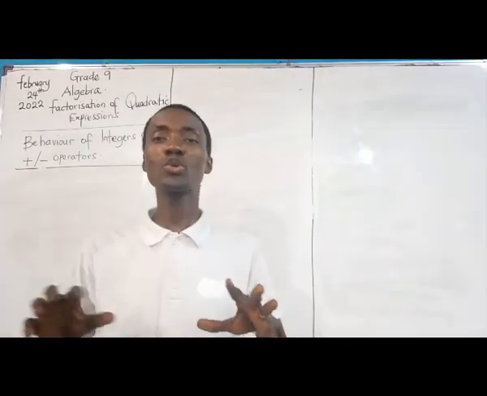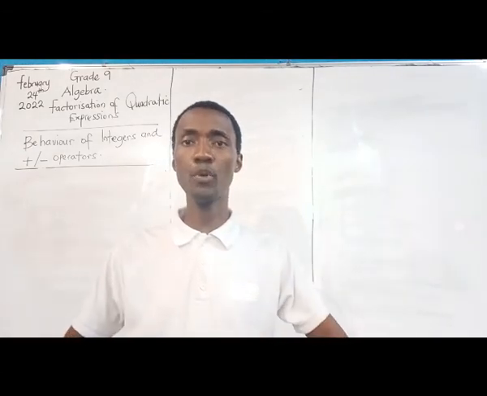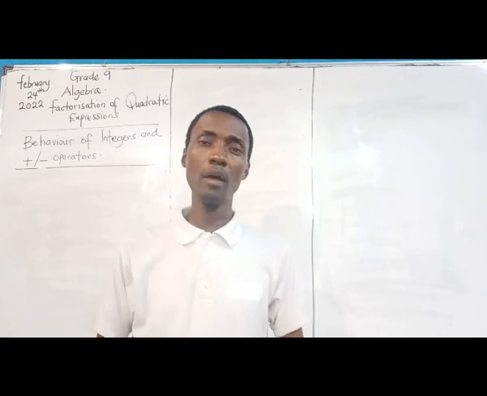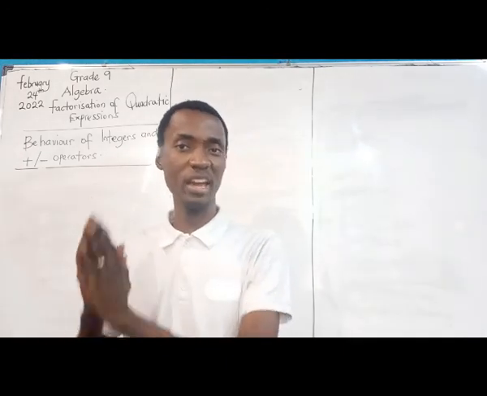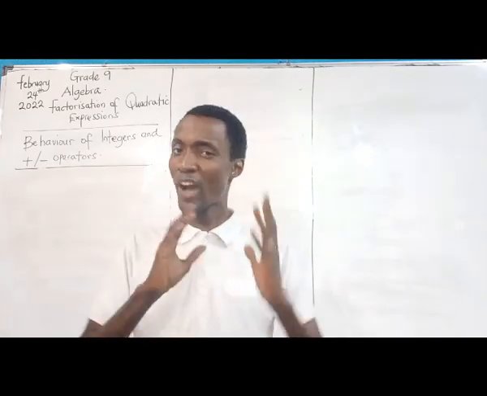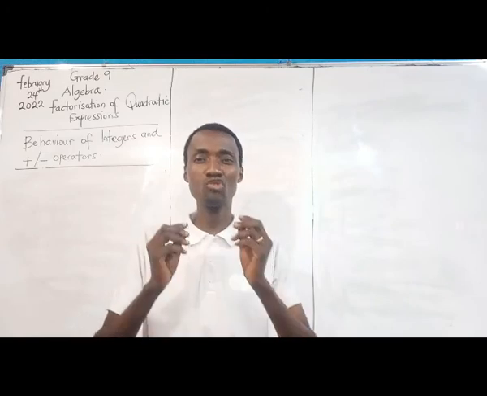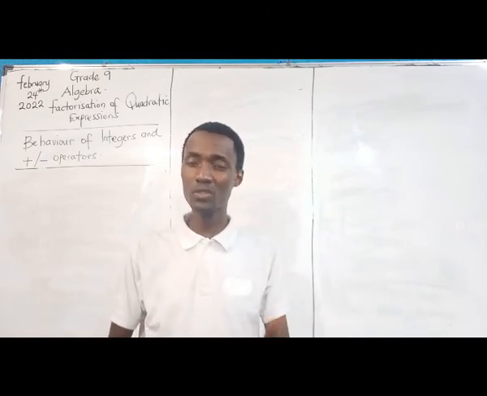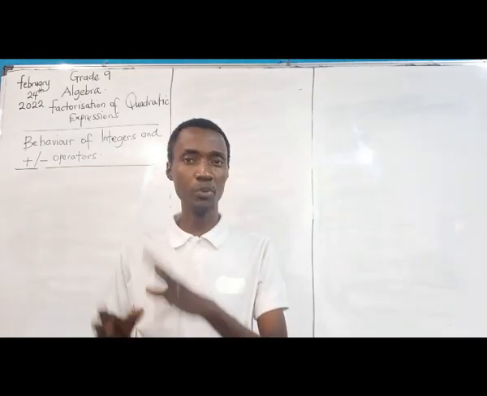Okay, we spent close to about 30 minutes there trying to build up a very important concept. More often than not, students always wonder why I go in this direction. To factorize quadratic expressions, you must have a strong grasp of your factors, your integer relationship to plus or minus operations.